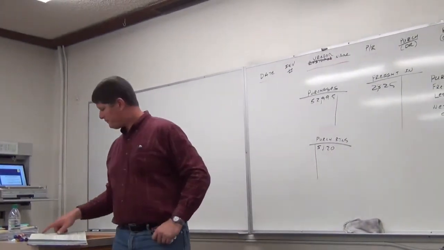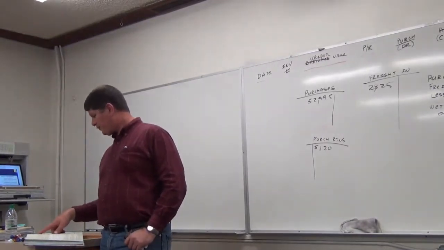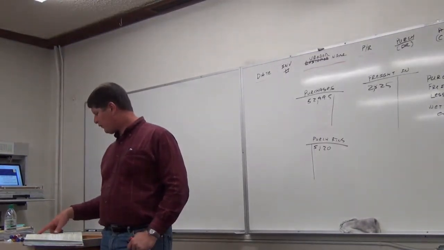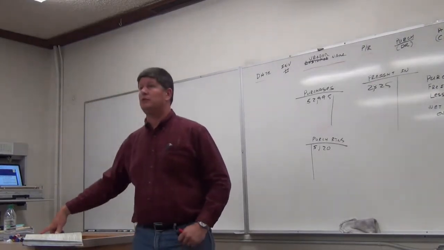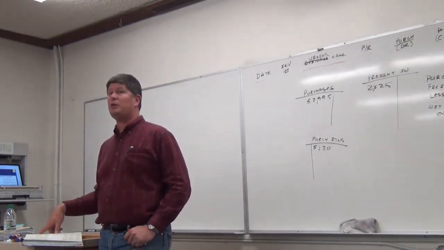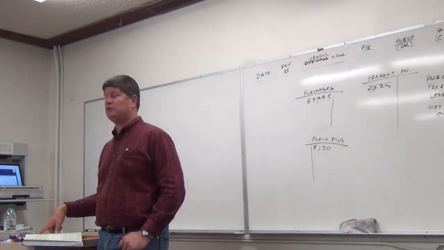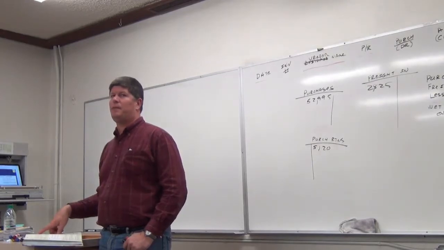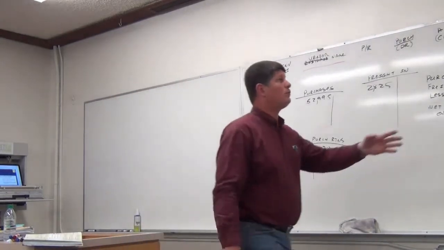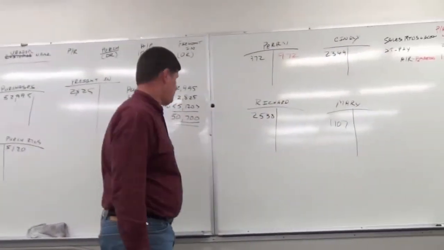A credit of $2,000 to Brock Furniture Company's account in the accounts payable ledger, the accounts payable subsidiary ledger, was posted as $200. So remember we had accounts receivable over here?